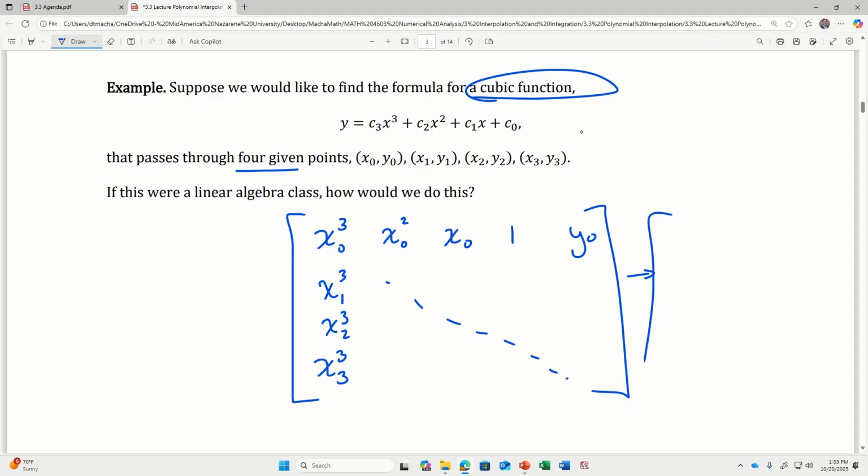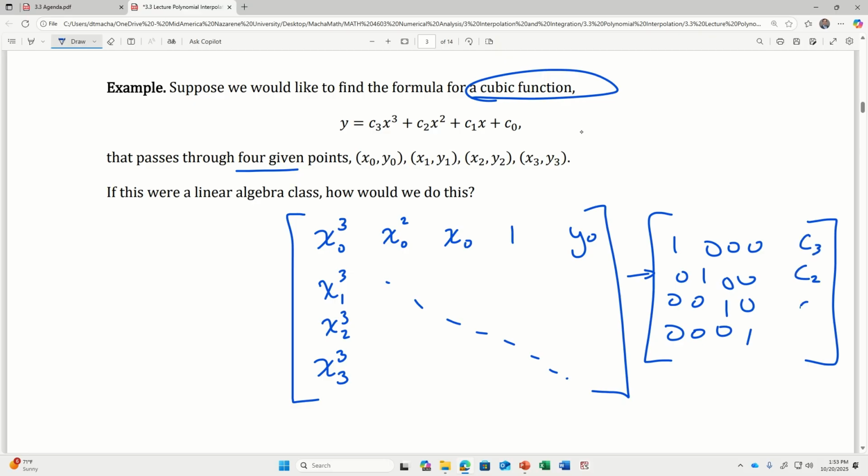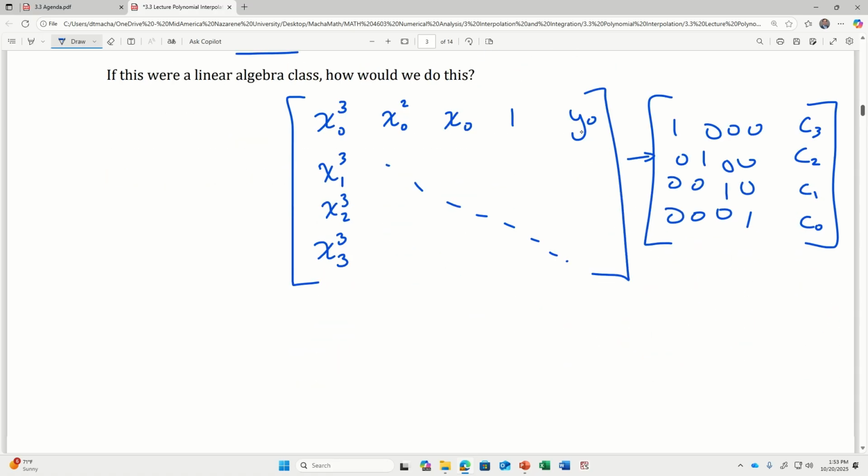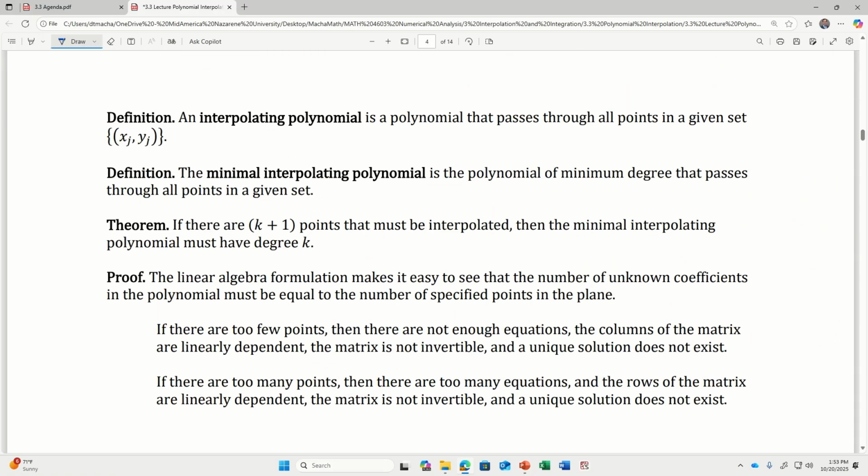And after I do row reduction, you know that it's going to look like 1's on the diagonal. And then on the final column, it would be like this. Right? So with linear systems like this, we can always find a solution.